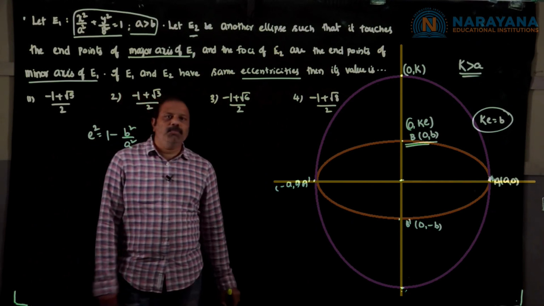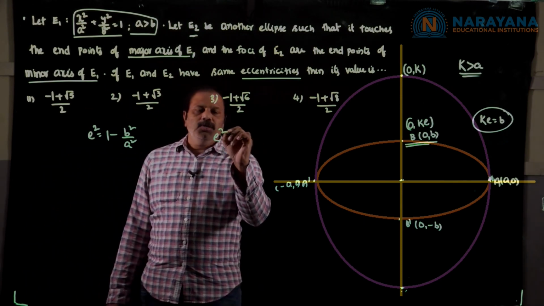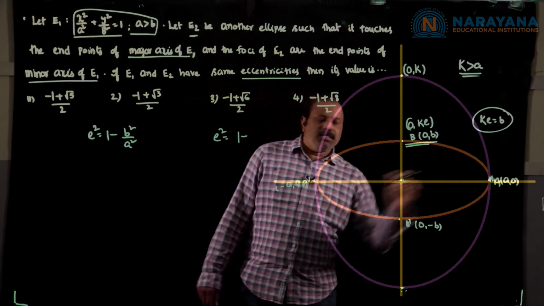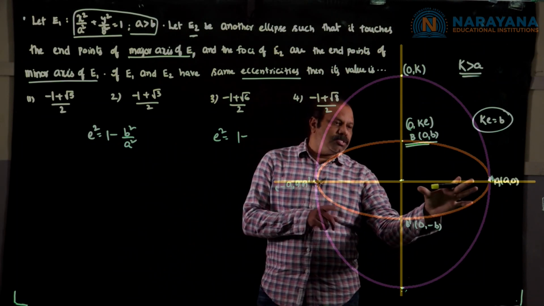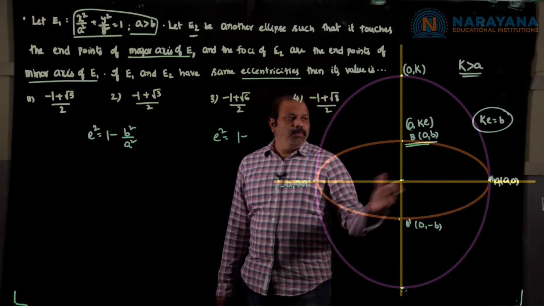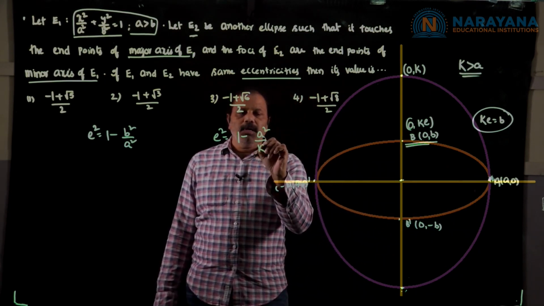For the second ellipse, e squared is equal to 1 minus, the minor axis ends will become a comma 0 and minus a comma 0, the semi minor axis will become a. So this will become a squared by k squared.